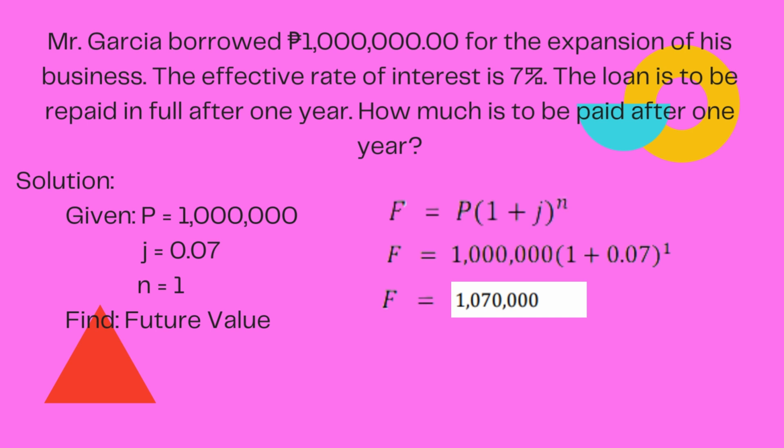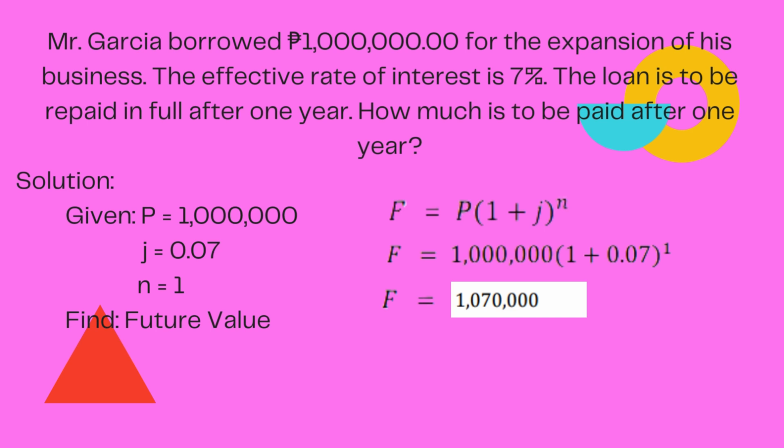So, basically, the formula for the future value is principal times 1 plus j, the 0.07 interest rate, raised to the power of n, which is the term of the loan. So here we only have 1 year.